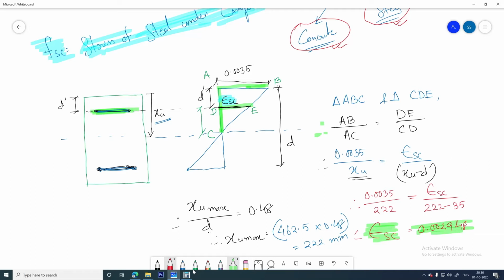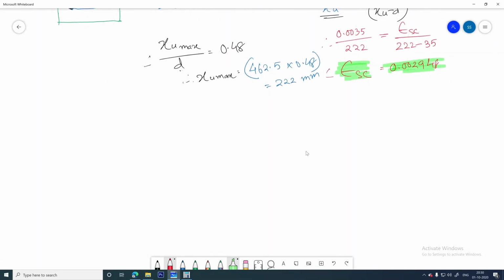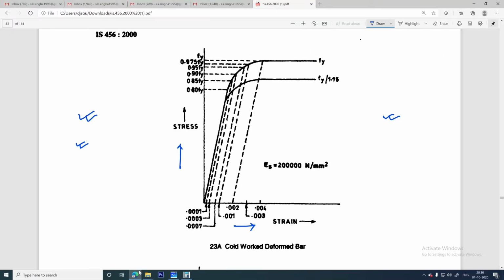Now what will be the stress? To determine the stress, you need to go to the code. So here is the code, and this is the diagram for the steel. That means to determine the stress of the steel, we need to follow this diagram. How can you determine it? Very simple. Look, on this side we have strain and on the other side we have stress.